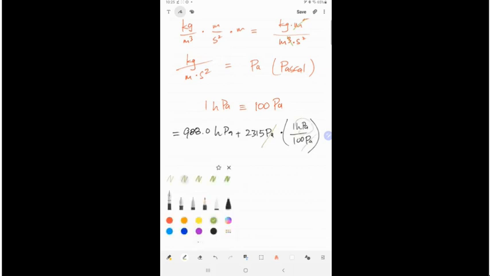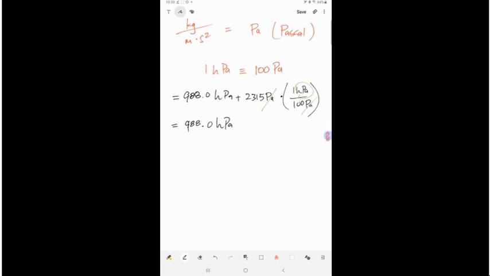All right, so let's carry this forward to the next line. 988.0 hectopascal. All right, we're almost finished with our calculation here. Let's keep the numerical values out front. 2315 divided by 100, and the only units that are left over are the hectopascals.